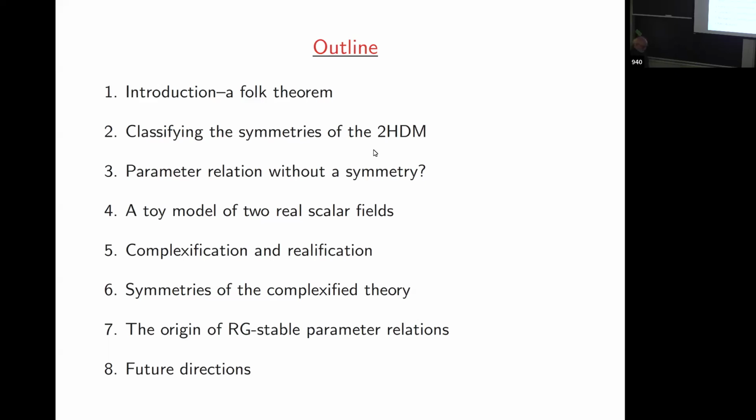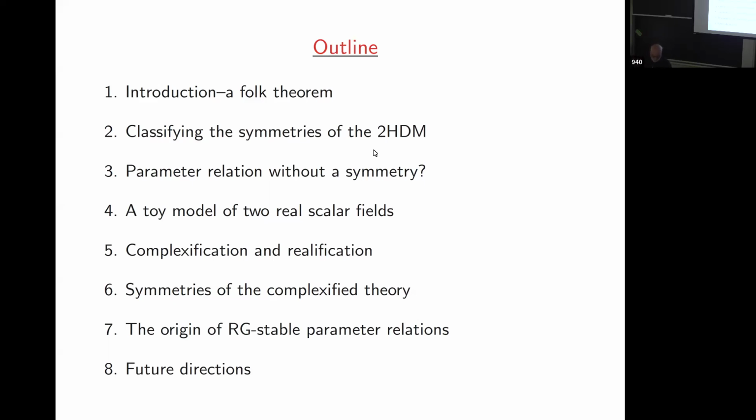In the early 2000s, there was an attempt to classify all possible symmetries of the 2 Higgs doublet model that you could imagine. And then people studied the phenomenology of the various kinds of 2 Higgs doublet models that you got out.